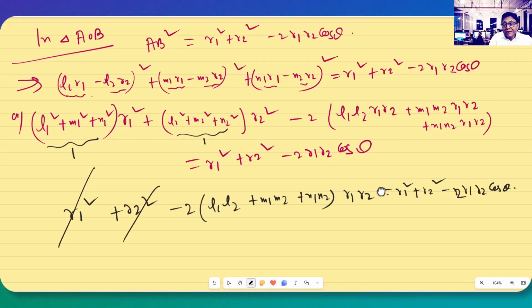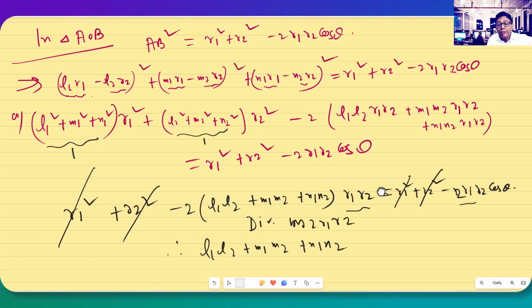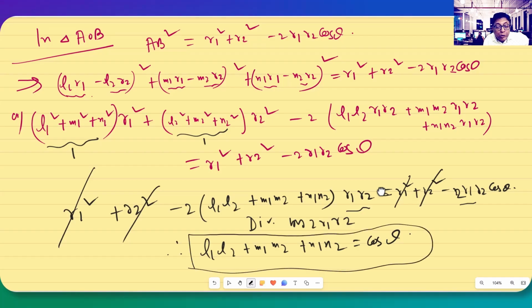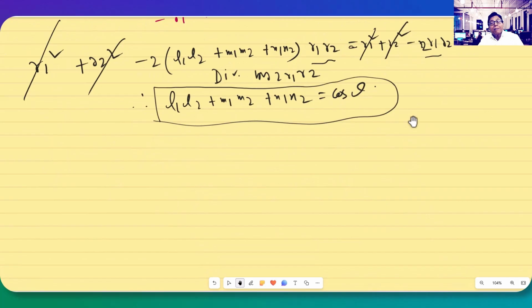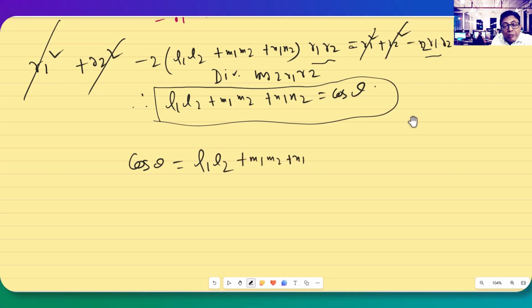So this one getting cancelled, and R1 R2 is there. So you can write L1 L2 plus M1 M2 plus N1 N2. So what we are doing there, dividing by twice R1 R2 both sides. So this is going to be cos theta. So the angle between two vectors or two lines can be taken this manner. So cos theta equal to this, that is L1 L2 plus M1 M2 plus N1 N2.